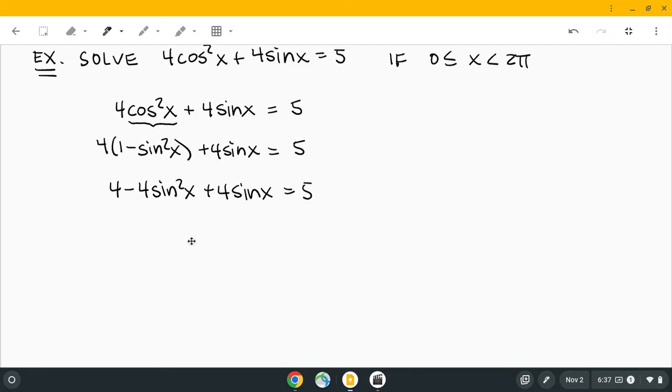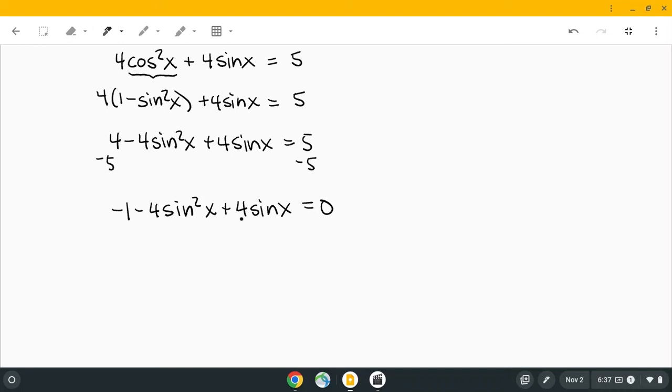We have a quadratic in form, so I'm going to set this equal to 0. So I'm going to subtract 5 on both sides. And I get -1 minus 4 sine squared x plus 4 sine x equals 0. Okay, so I'm going to rearrange this in descending order.